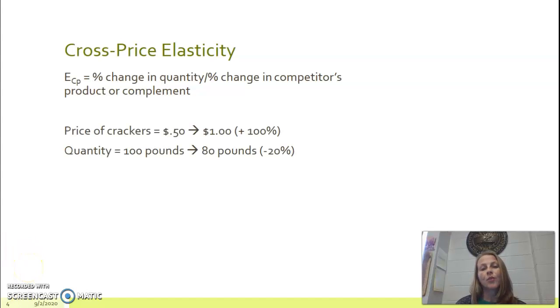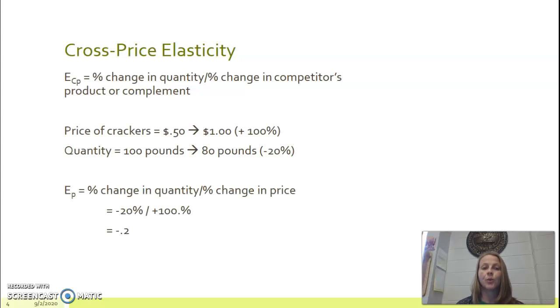If we move the price of crackers from 50 cents to $1, or a 100% increase, then the quantity demanded of caviar decreases from 100 to 80 pounds, or a decrease of 20%. So if we put these numbers in our equation, we take a decrease of 20%, divide it by an increase of 100%, and we get a value of negative 0.2.